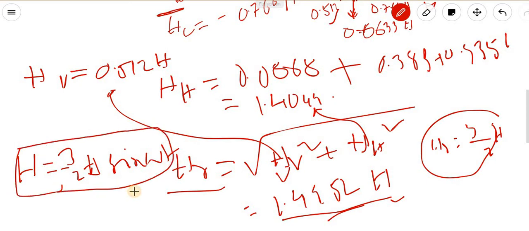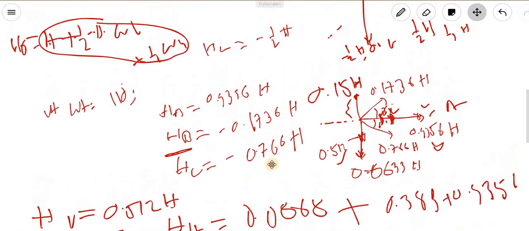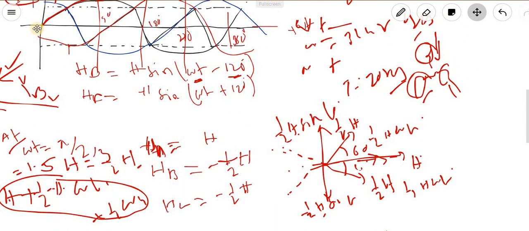Because we can simply say where it will be, with that angle. What will be the angle? You can simply present it here, at this instant.